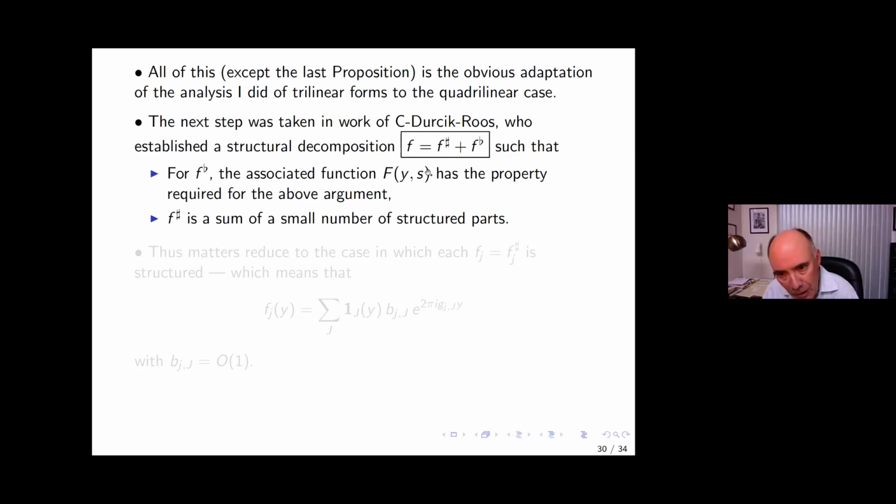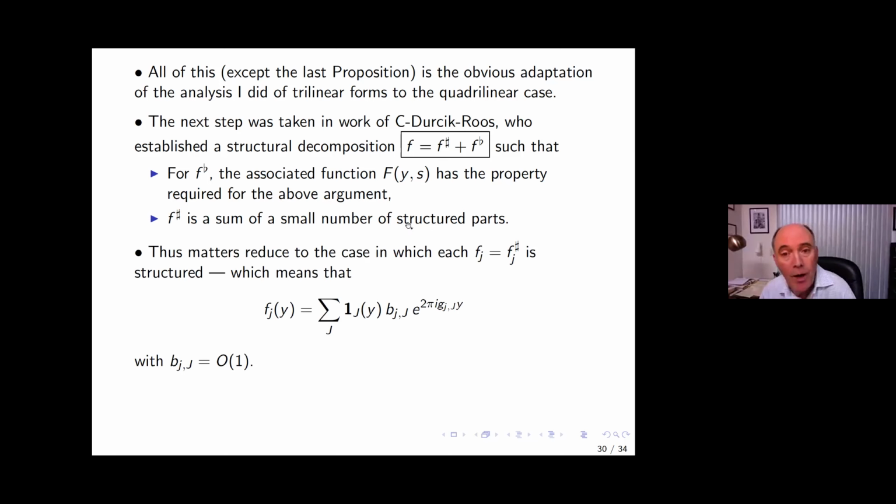Okay. The other part is itself a sum of a small number of structured parts. So we're gaining structure. And so the flat term is handled by the argument that I've already outlined.